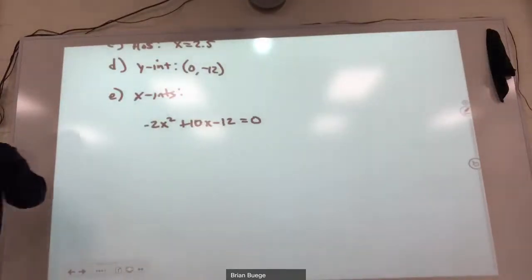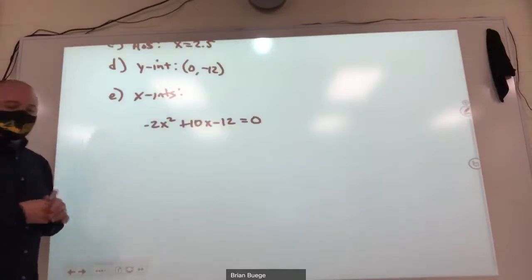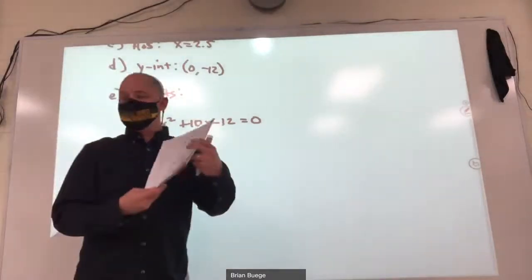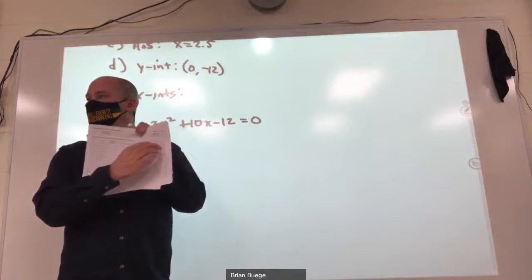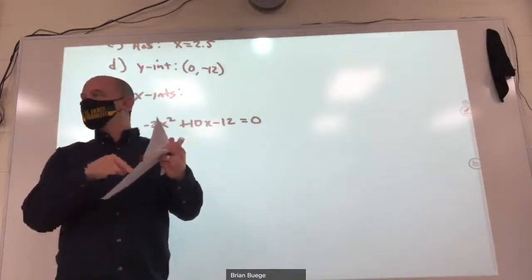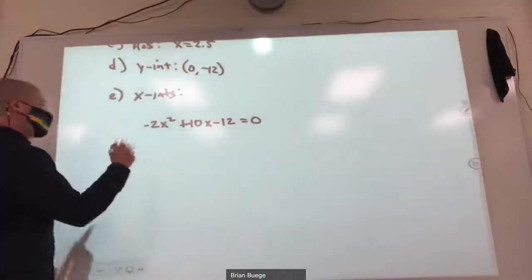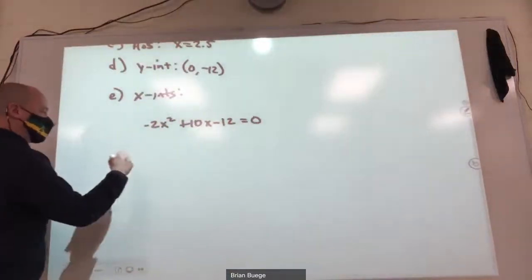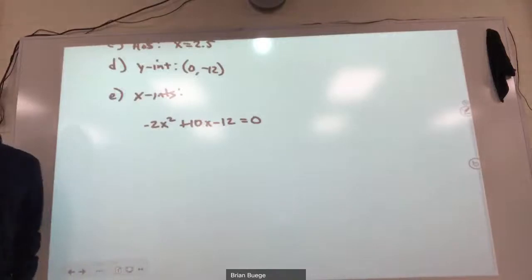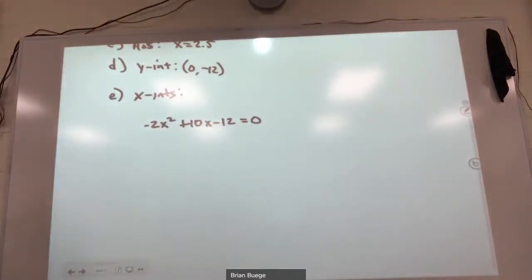But here's where I'm going to add in the idea of the discriminant, okay? So in those last two columns on your sheet that are kind of blank, what I'm going to put in one of those is what's the discriminant, and then I'm going to ask you what it tells you. So let's find that next. Discriminant, remember, is what? What is the discriminant? Let's start with that.